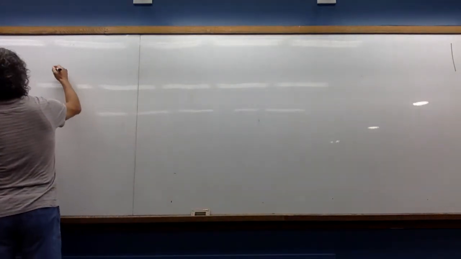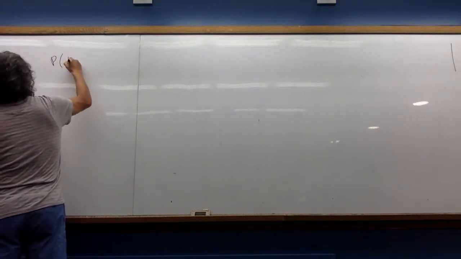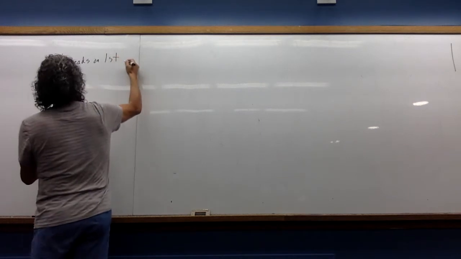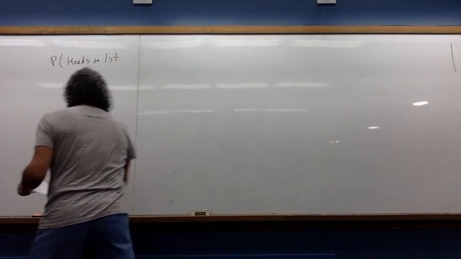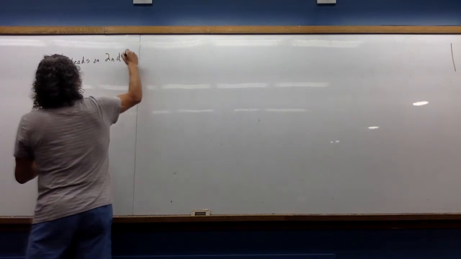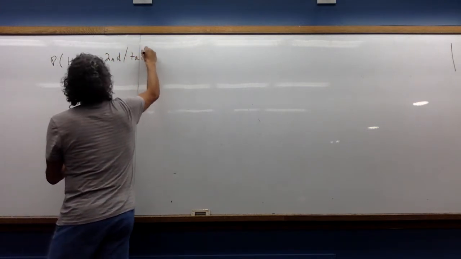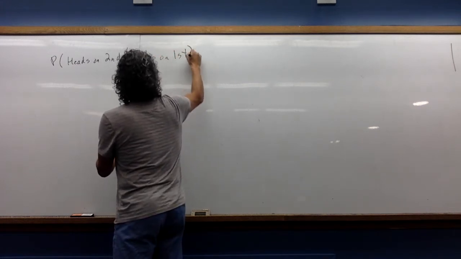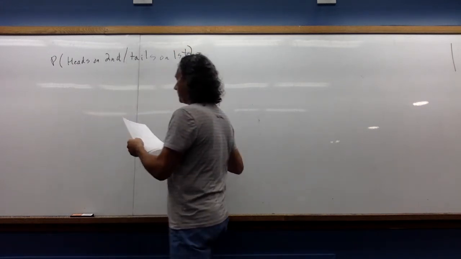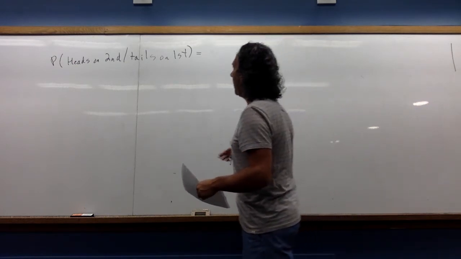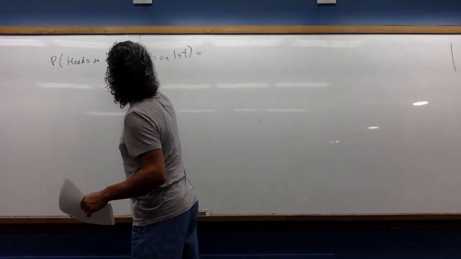So let's say we want to find the probability of getting heads on the second toss, given tails on the first. Okay, we saw an example like this last time, but last time we talked about it in terms of "and."